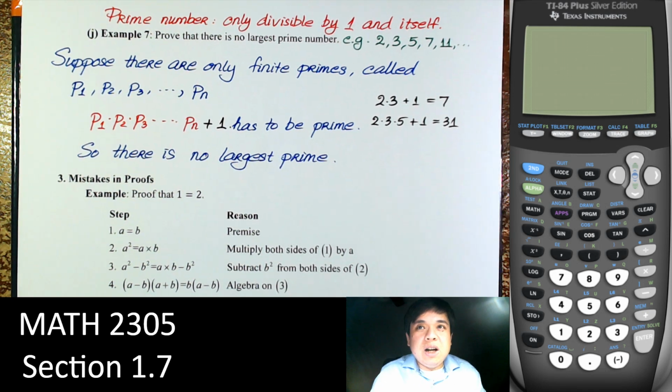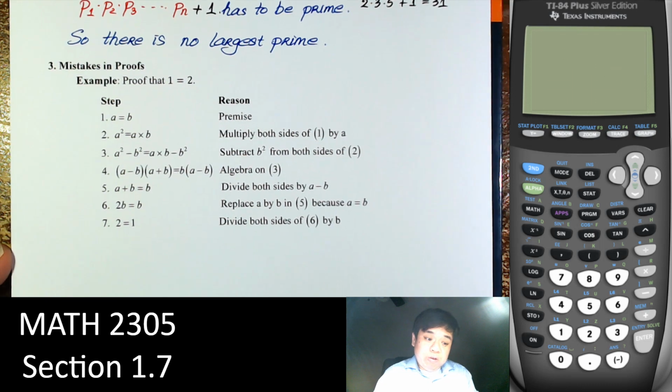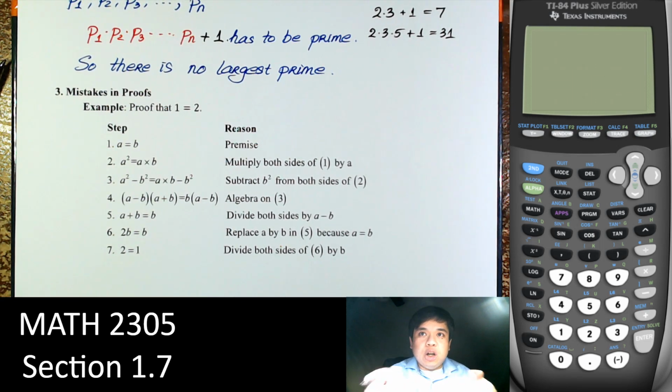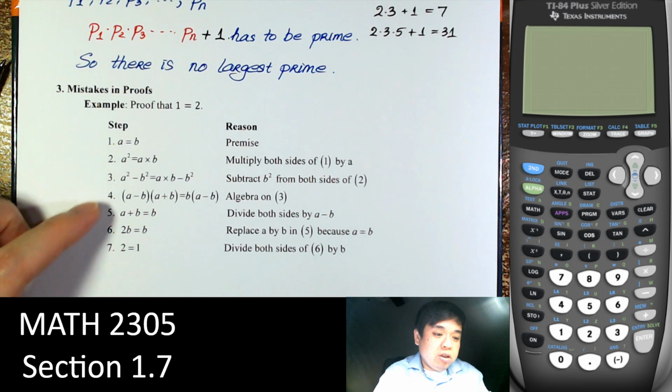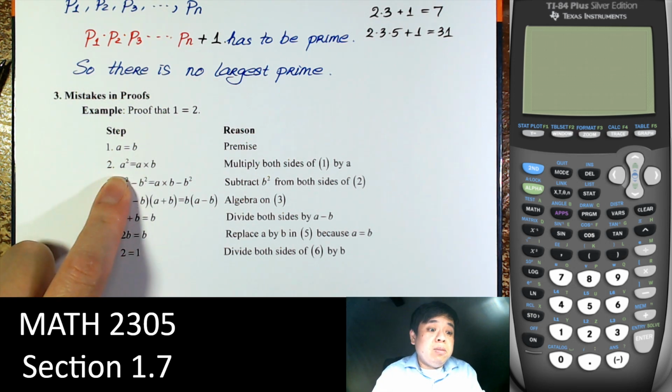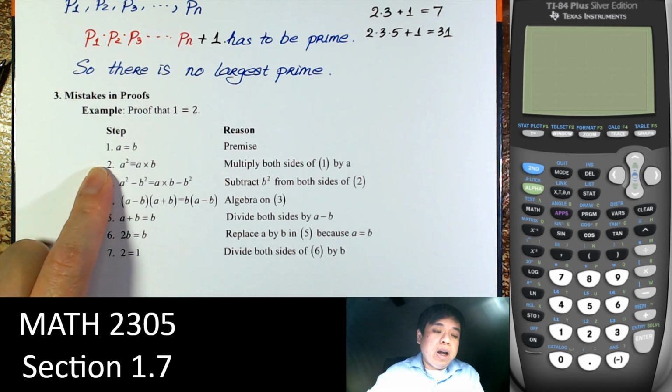So those are some nice classic proofs. Now let's look at something that is not a proof. We look at this: it says prove that 1 equals 2. You know there's something wrong here because it's not true, but it looks very convincing. Suppose A equals B. That's fine. Because A equals B, we can multiply by A on both sides.